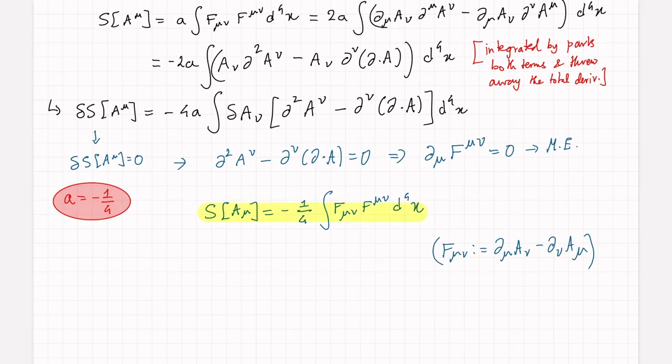Okay, so this action checks off all the boxes. It reproduces the free Maxwell's equation. It is Lorentz invariant. It is gauge invariant. All of this is checked off. And this is pretty much the only thing that you can write down which will have all these properties.